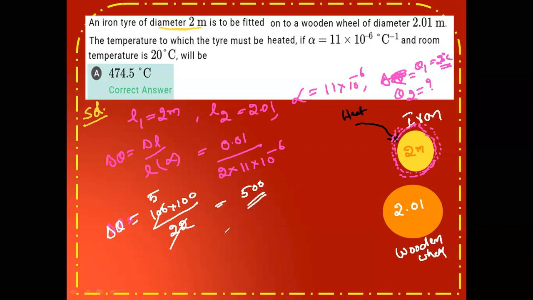Not the exact value, only near value I am taking. Delta theta means theta 2 minus theta 1. Theta 1 they gave as 20. It is less than 500 exactly, because 22 is there in the denominator. So what is the exact value? Exact value means 100 by 22, if you calculate.